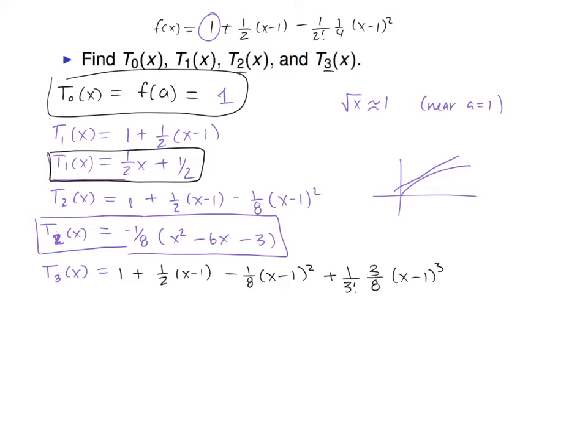And this one, after you simplify it, is going to work out to be 1 over 48 times x cubed minus 9x squared plus 39x plus 17. That's just the biggest term though, right? Yeah, the degree of a polynomial is the highest power of all of them.